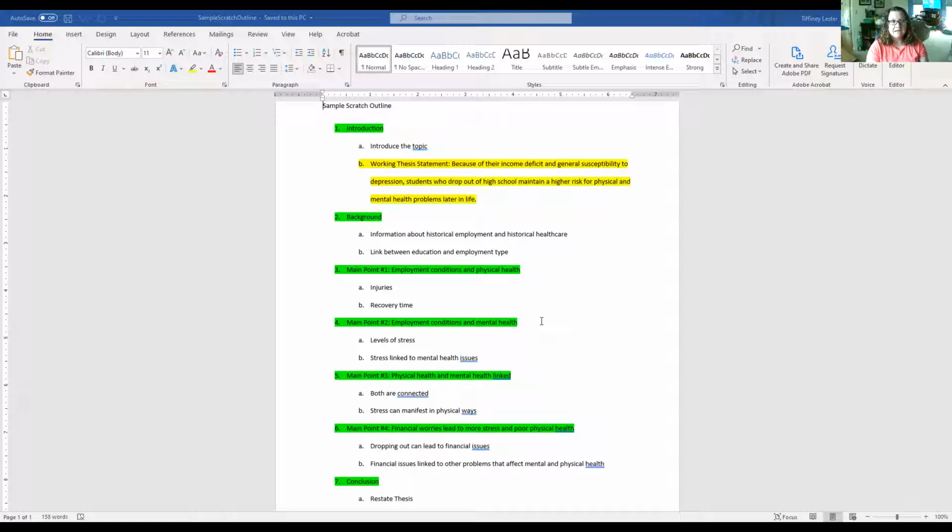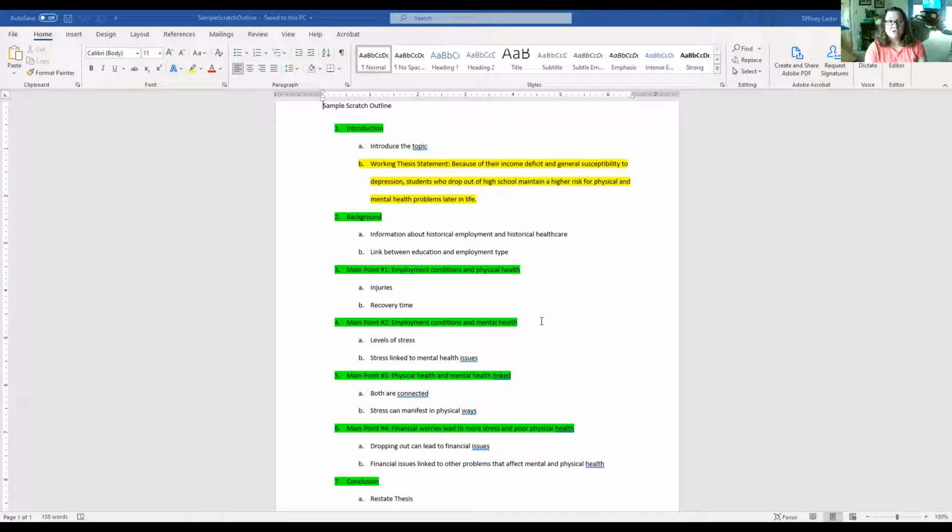It helps writers feel a little more secure in the draft they're working on, because you have a preconceived notion of what each section should cover. You're less likely to get lost in the essay.